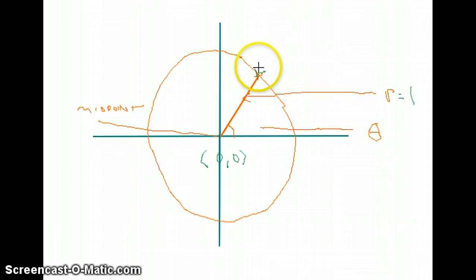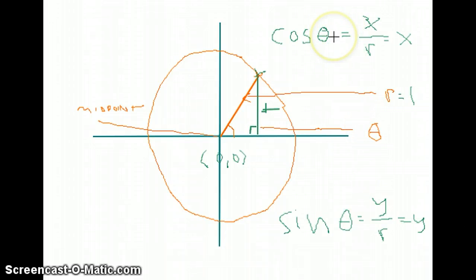Now the x, y coordinates of this point come from the Pythagorean theorem, where here we have a right triangle, and since we know that the length is 1, this y coordinate here is the relation of this leg to the hypotenuse, which is the cosine of this theta corner angle here.